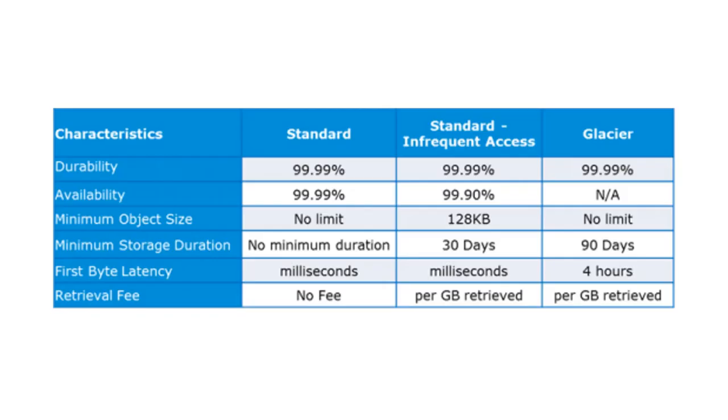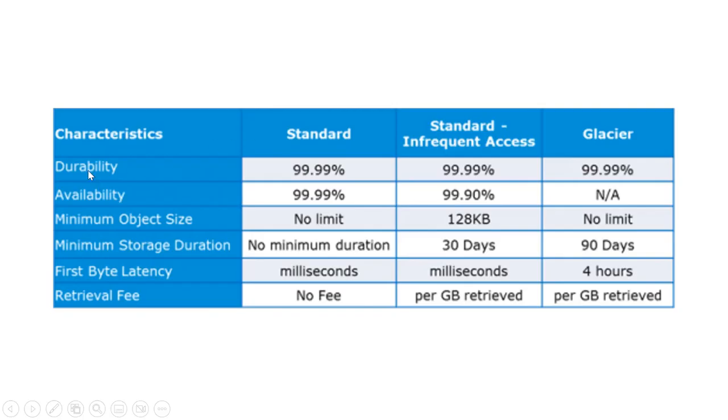But based on our object requirements, we can move objects from standard to infrequent access, that is IA. If latency issues are also fine and it can take some time, then you can move the objects into Glacier.